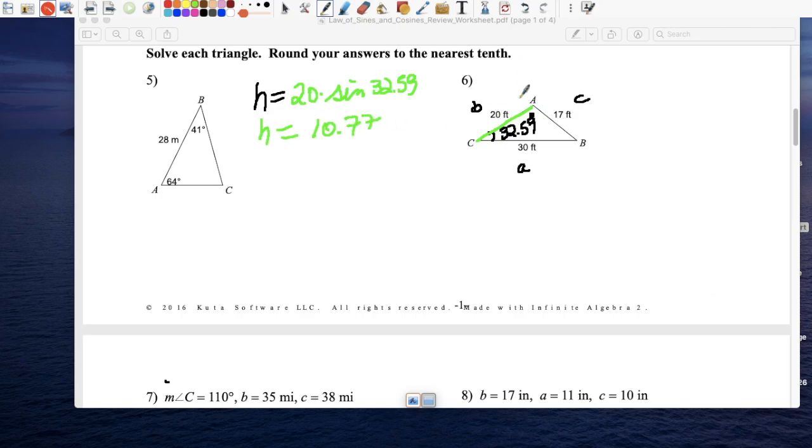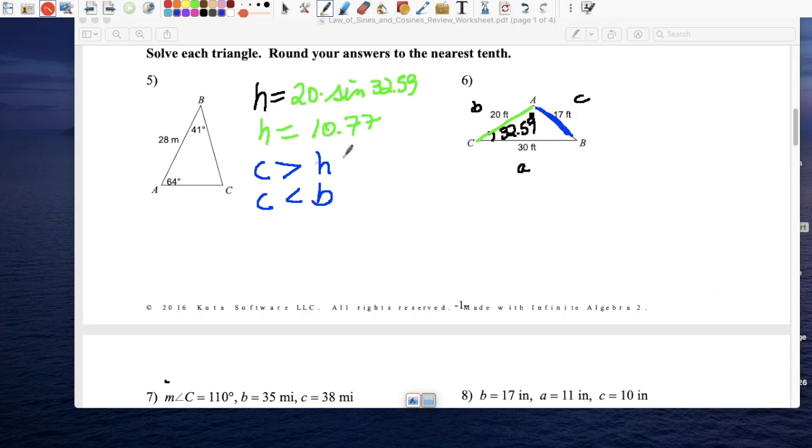Now we're going to compare this side, which in this case is called C. Is C greater than the height? Yes, it is. Is C, compared to side B, less than B? Yes, it is.